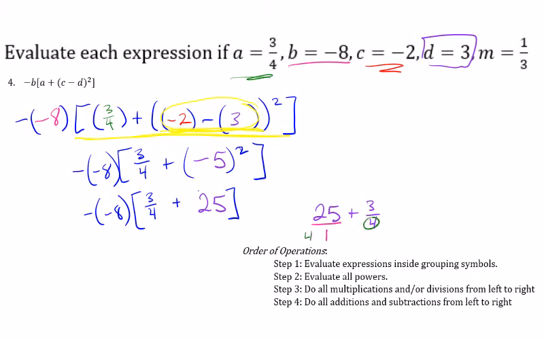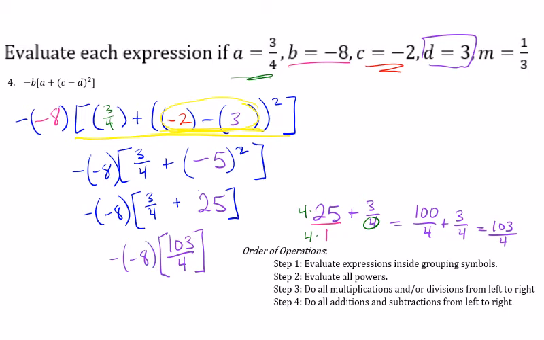So 4, I'm going to multiply by 4 on top and bottom. And so I'll end up with 100/4 plus 3/4, which is 103/4. Okay, so 103/4. You could change those to parentheses if you want, or keep them brackets. And then we have -8.